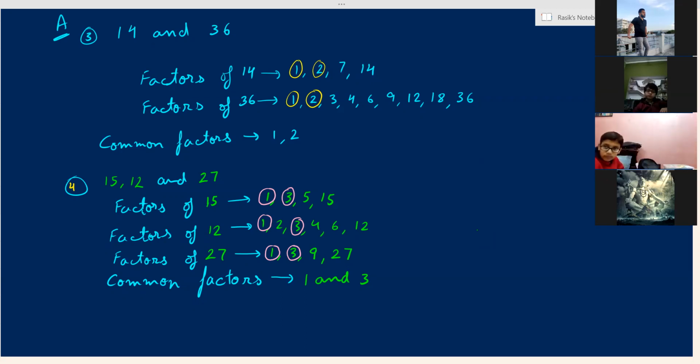Yes, whenever we have to find common factors, we start writing all the factors starting from 1, and then we write the common factors. Yes, sir, in all the questions, 1 is a common factor.